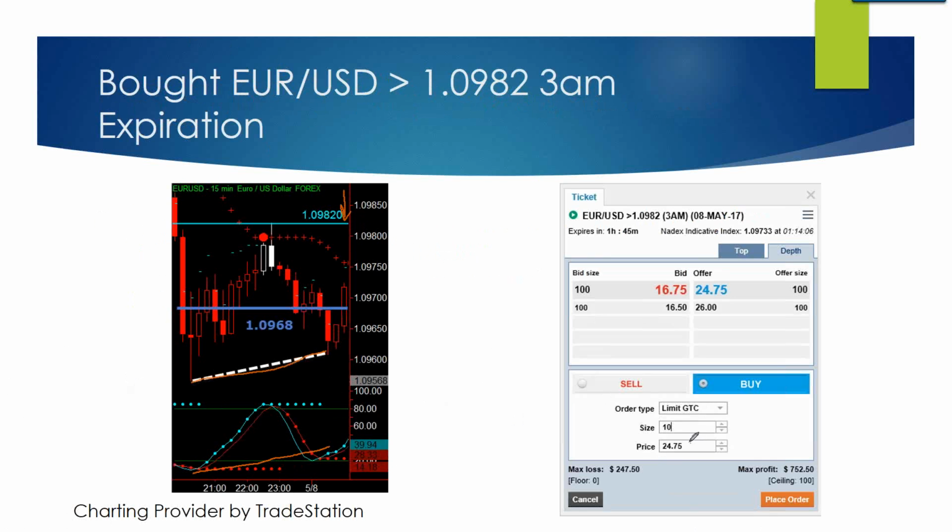Now, for this, I was only paying $24.75 per contract. And basically, it was about $75.25 that you had as available profit if this trade moved in your direction as you anticipated.